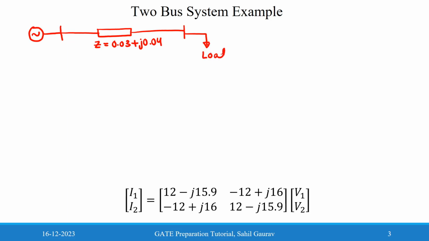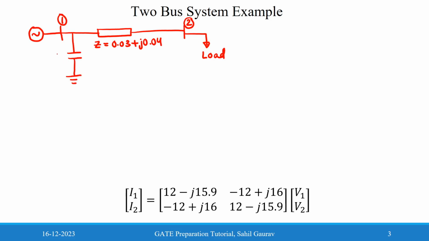One load is connected at bus 2. So this is bus 1 and this is bus 2. The line is also modeled with a shunt admittance.